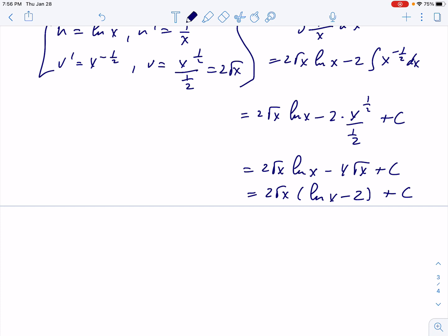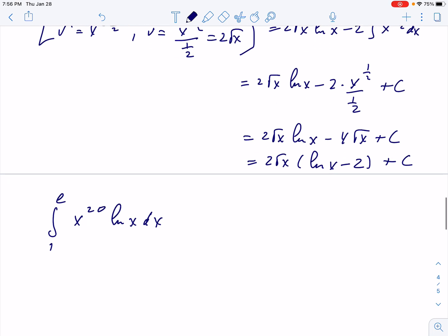Another example. Solve the integral with limits now from 1 to e of x, let's say, to the power 20 times natural log x dx. Don't be afraid of this high power here. That's a very simple integral.